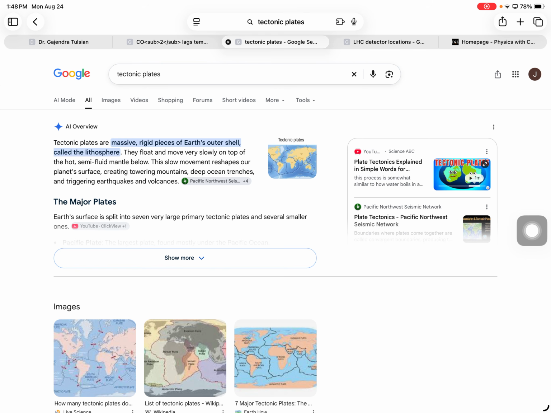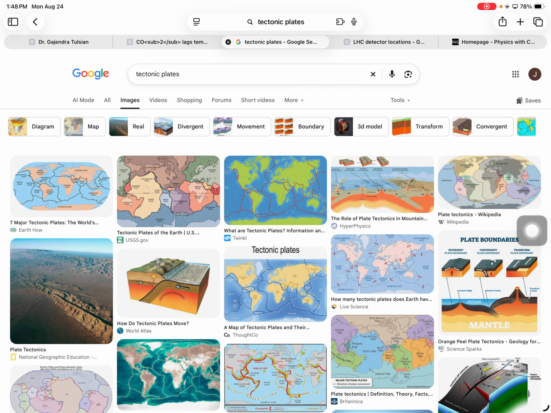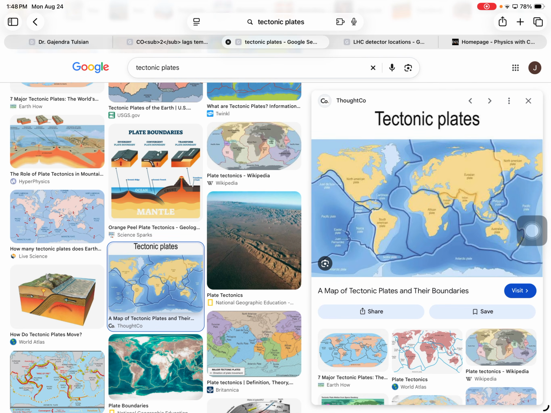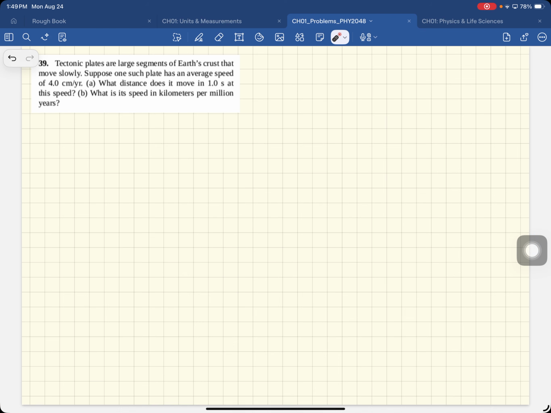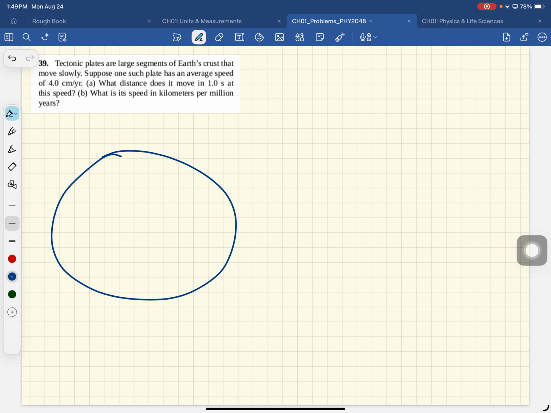So if the distance is, I don't know the distance accurately, but over 4,000 kilometers, and they move 40 kilometers in a million years, it took them about 100 million years to separate, which is roughly right.